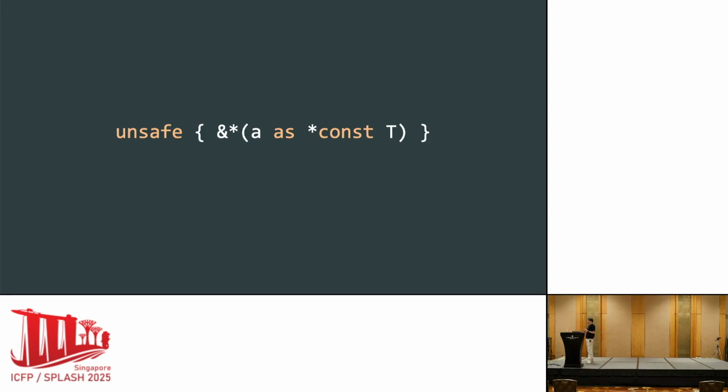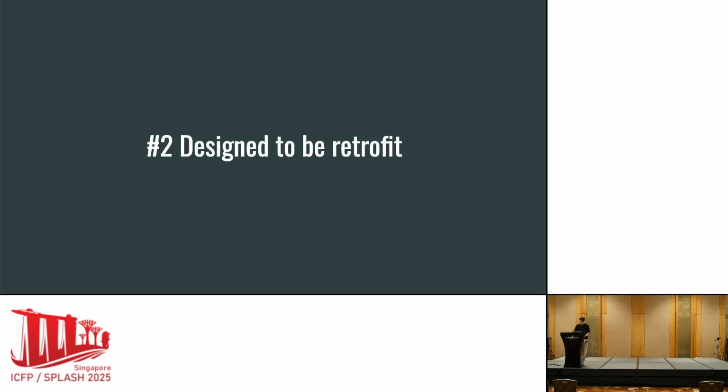But what we found empirically is that the restriction this imposes is less burdensome than some of the others that would be required for precise GC, especially because some of the things that you see in the standard library are patterns in Rust that the precise GC approaches would not be able to handle.